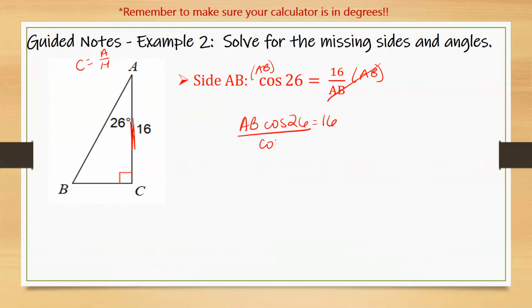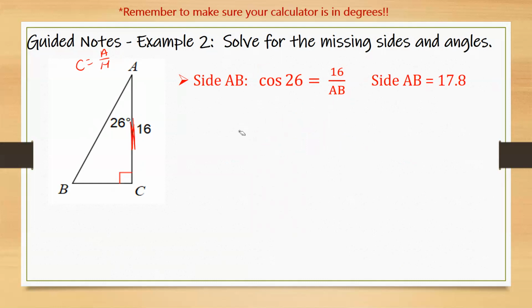I'm going to divide both sides, just like we did last week, by cosine of 26, and you should get AB is equal to 16 divided by cosine of 26, and you should get 17.8. I'll get my writing out of the way to make this a little clearer. So we know side AB is going to be 17.8, so I'm going to label it over there.